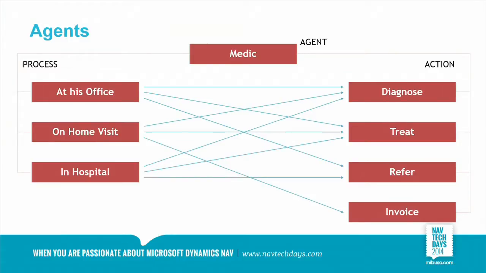We were not referring to that as an agent who works in a process and does an action, but we were calling code units and methods directly from the on-action trigger in the page. So the code looked more like unclean. Directly from the process, we go to an action, not even thinking about who is the agent, who is acting here, who does something.